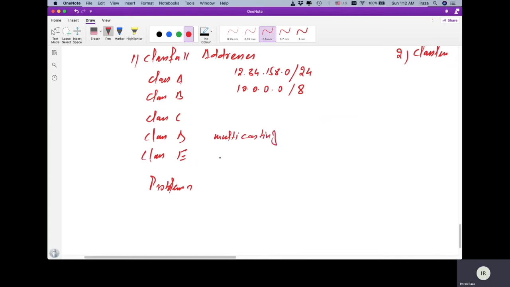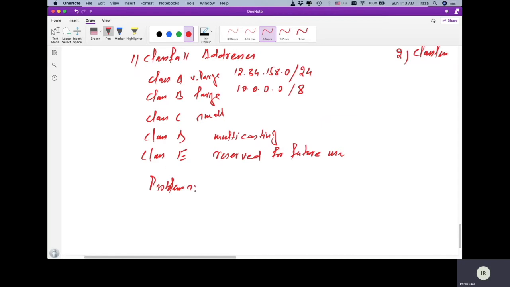And class E is reserved for future use. Class B is large because it gives me enough hosts; we'll see in a minute how. And class C is small, it gives me fewer machines per IP address.